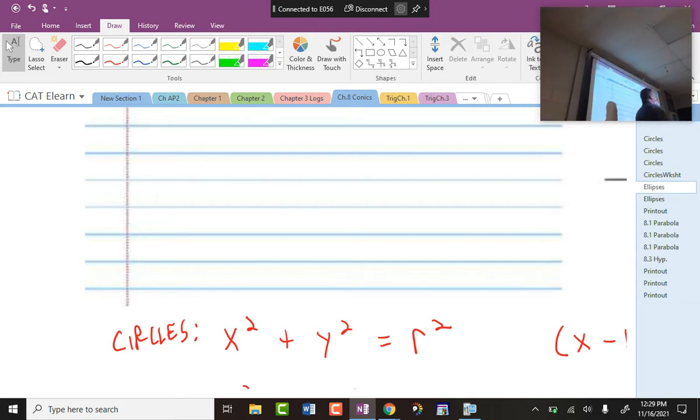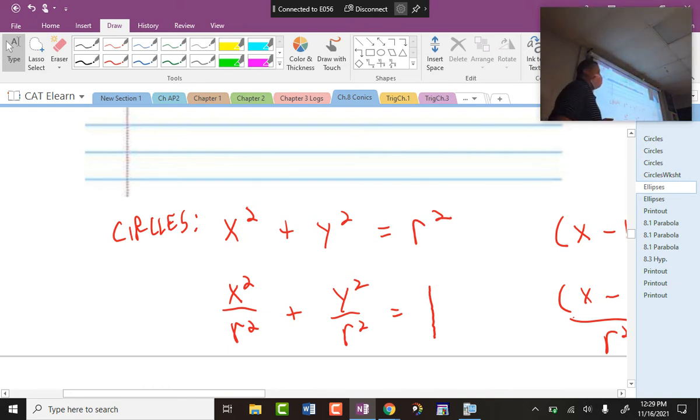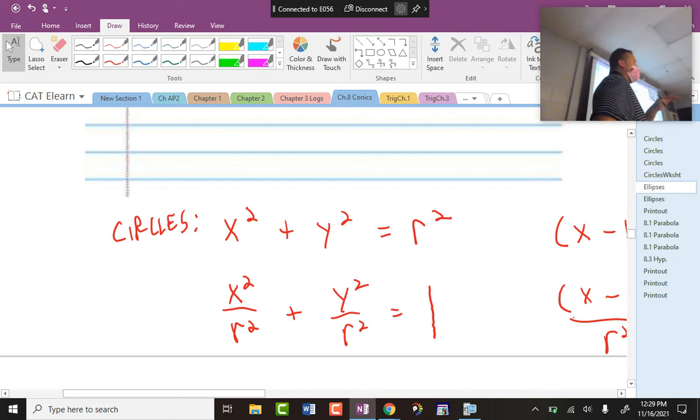So this is what I'm going to decide to do in this general form of a circle centered at 0, 0. I'm going to divide both sides by r squared. Ain't a big deal. Go ahead and do that real quick. Before you write your equation of an ellipse, that is still an equation of a circle centered at 0, 0.